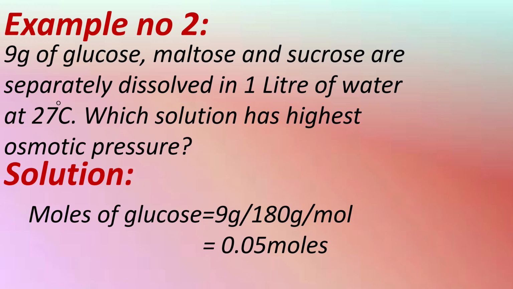Solution. First we will calculate moles of glucose, maltose and sucrose. Moles of glucose is equal to amount divided by molecular weight, that is 9 gram divided by 180 gram per mole. As I have discussed earlier, the molecular weight of glucose is 180 gram per mole. So moles of glucose are calculated to be 0.05 moles.